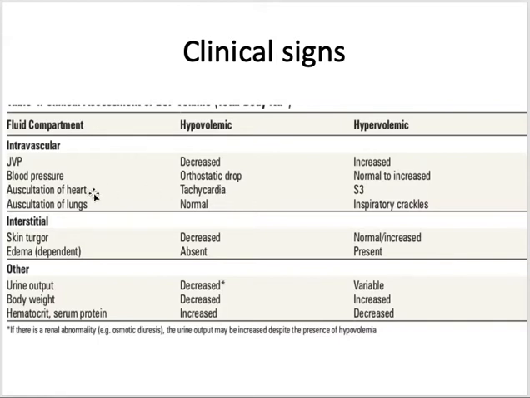If you auscultate the heart, they will have tachycardia. Auscultation of the lungs will be normal. Skin turgor will be decreased. There will be no edema. If you ask about urine output, it will be reduced. Body weight will be decreased.